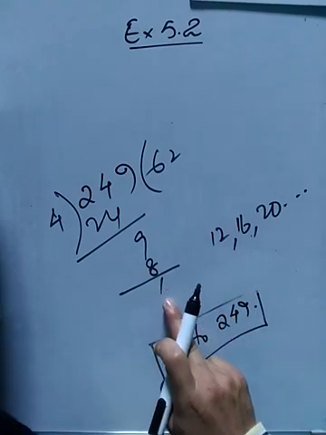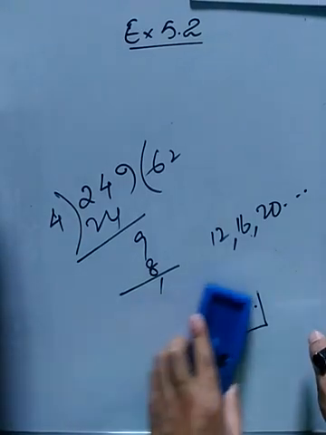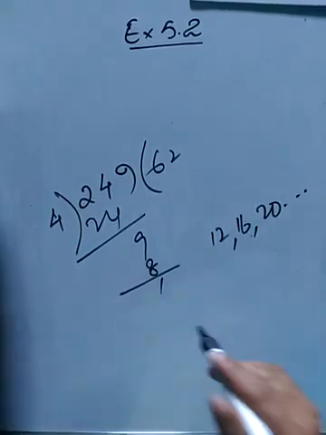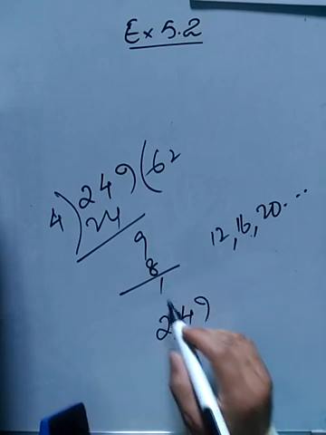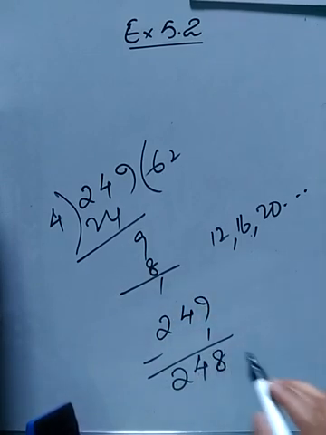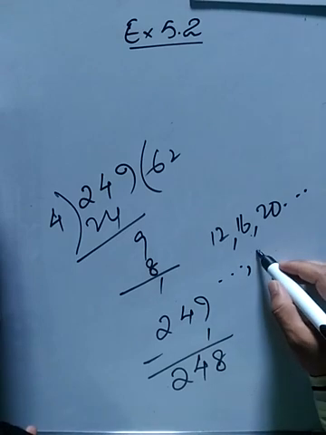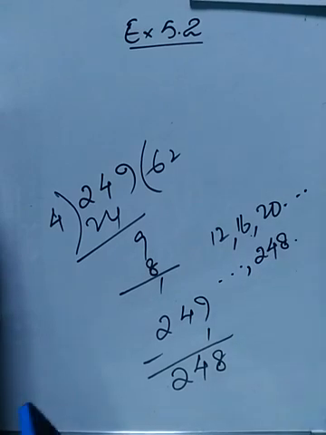If the remainder were 0, then you would say that this number is a multiple of 4. So to get 0, what shall we do? From this 249, subtract the remainder 1. Then I hope you will get 248. So this 248 is a multiple of 4. Okay, so the last one will be 248.